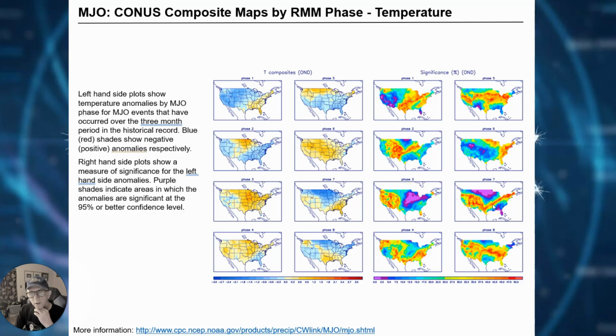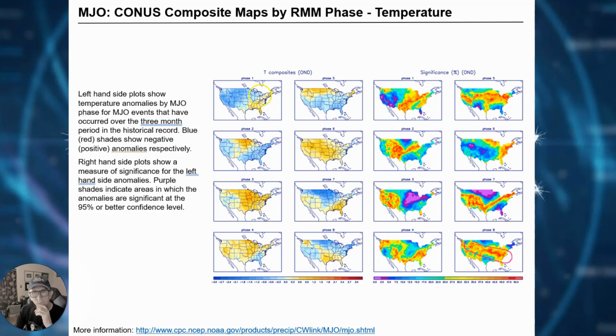So phase 7 confidence is highest for the anomalies, right? The red shades, not so much. And the same down here. We're getting to phase 8. The confidence for the anomalies is greater in the northeast and the northern tier compared to the middle part of the country here. But you get the idea, right?